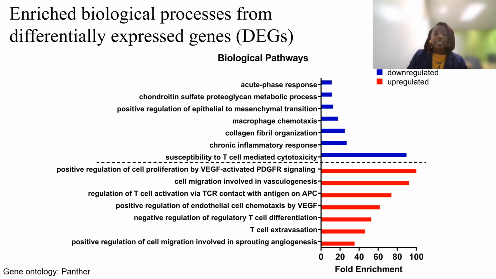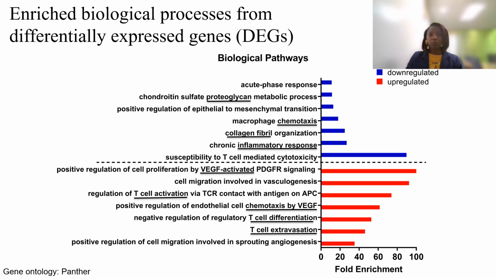When I analyzed these DEGs for their biological processes implicated using gene ontology, I found the majority of the upregulated DEGs are VEGF and T cell specific, while the downregulated DEGs are ECM and pro-inflammatory specific.